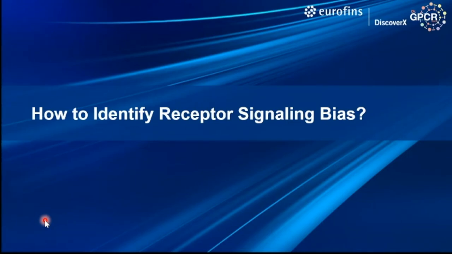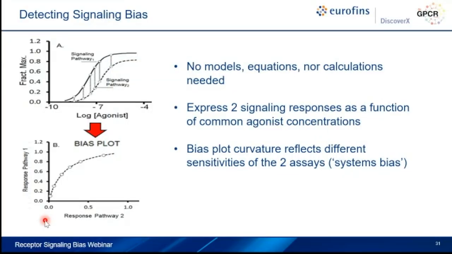Okay, so how do we see bias? There's a lot of models out there, equations, and it's been debated and so forth, but you don't need a model, you don't need an equation. It's very, very easy. The first step is you just construct a bias plot, which is here we have an agonist producing signal 1, signal 2. I simply re-express the signals as functions of the same concentration and make what is called a bias plot.